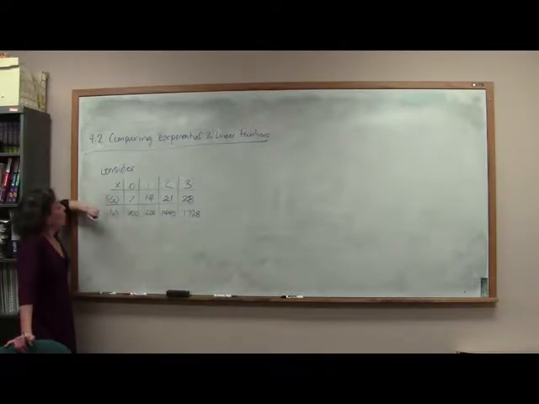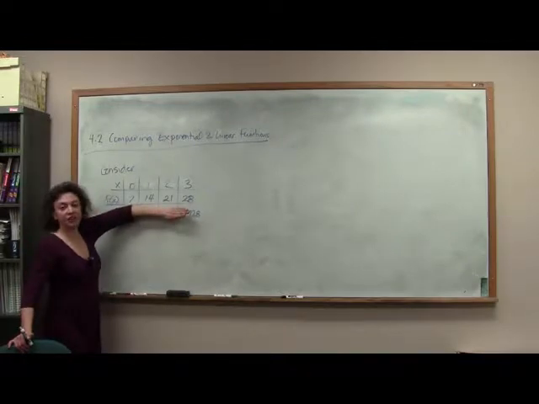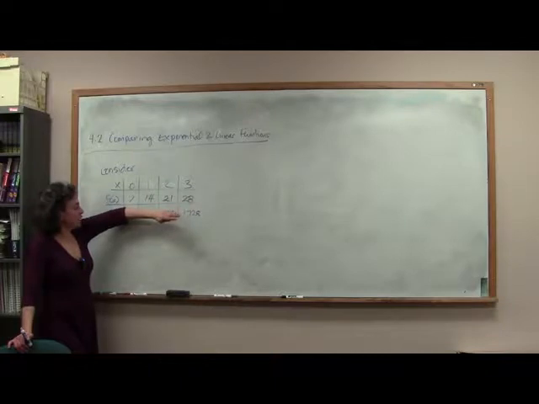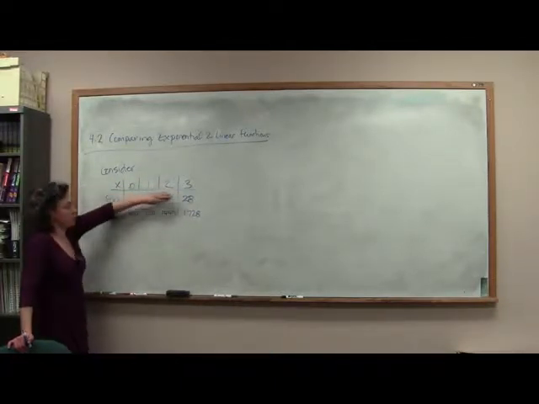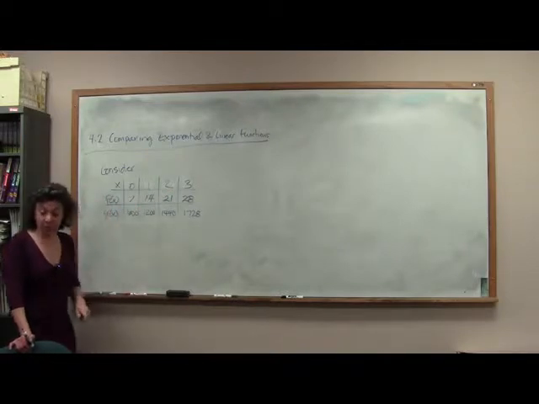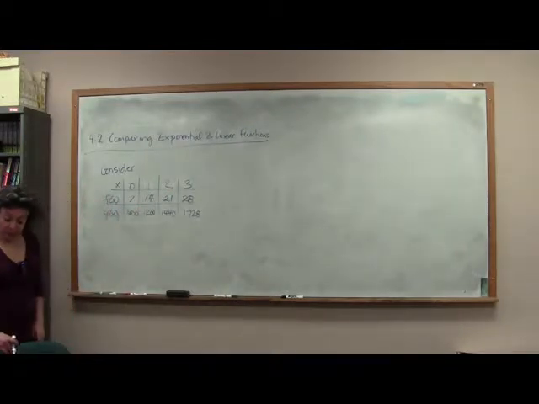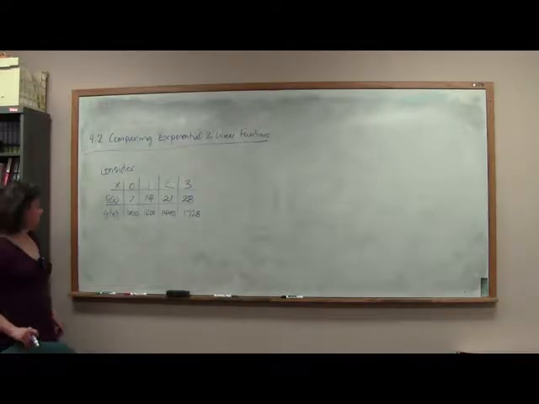Okay? Now, what I'm going to do first is look at my function f of x. When we do that, this g of x is totally irrelevant. And then after we look at our function f of x, we're going to look at our function g of x, in which case we're going to totally ignore our middle row. Okay? So, what I would like to do here is as follows.